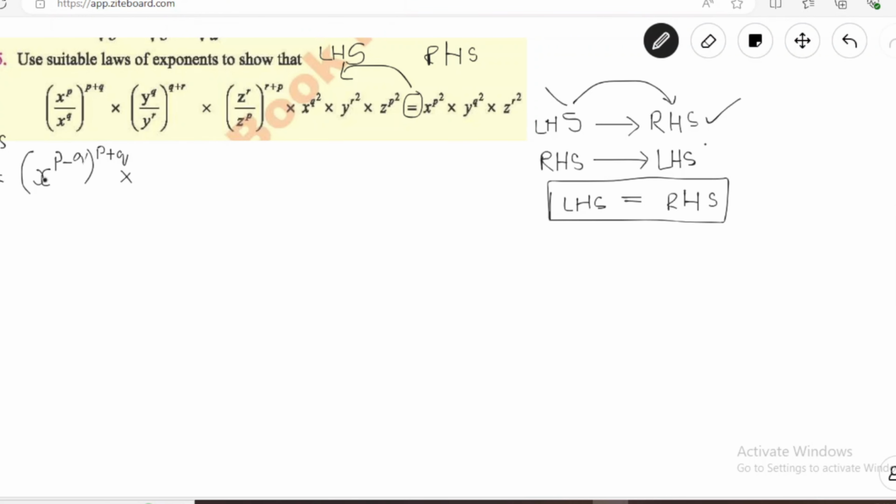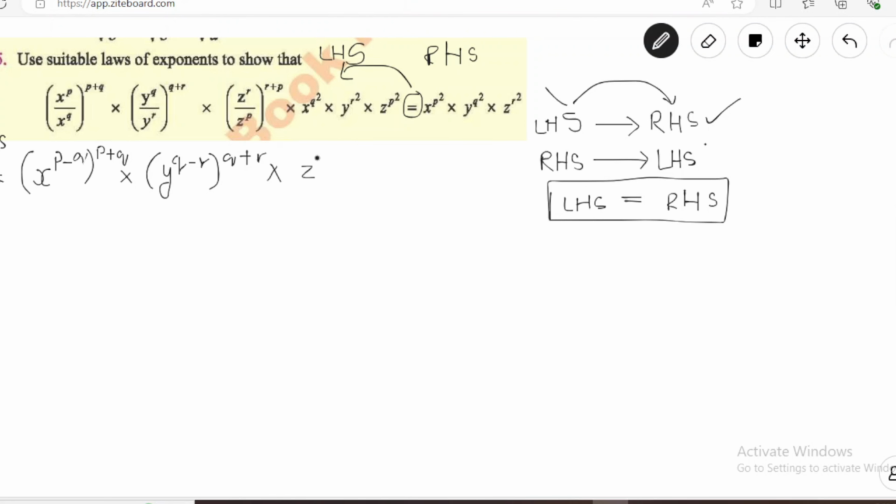Then we have this y, written with similar base, and the powers are subtracted, so this will be q minus r, and outside this you have q plus r as well. And then after this we have this z, where the same base is divided, so we just subtract the powers.